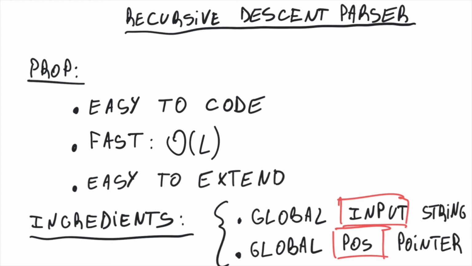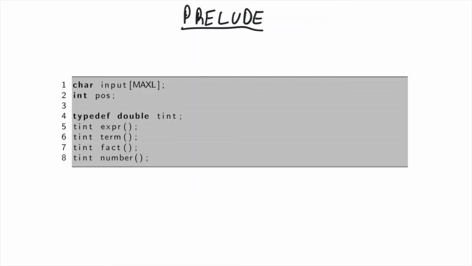Let me show you with an example, and in particular, let's start writing a parser for the grammar for algebraic expressions that we wrote before. So, before we start, what we need to do is define each of the ingredients that I said we had to put in our parser. We have a string or array of characters in C++ that gives us the input expression that we want to parse. I think of this as an array where the first position is 0 and the last position is L minus 1.